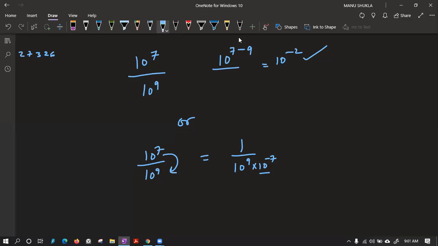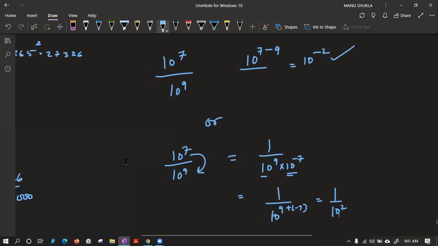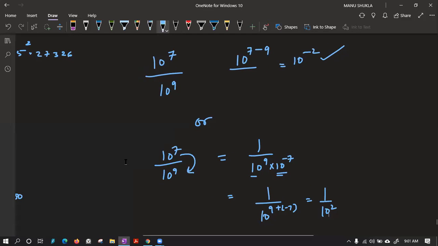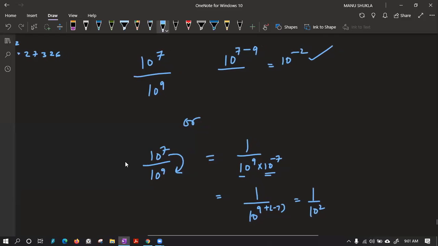Yes, sir. Afterward it will become 1 upon 10 power 9 plus 7, because same base powers will add. The answer will be 1 by 10 power 2 only. They are the same only. If you take it into the numerator, then the power will be negative. If you solve in the denominator, the power will be positive.